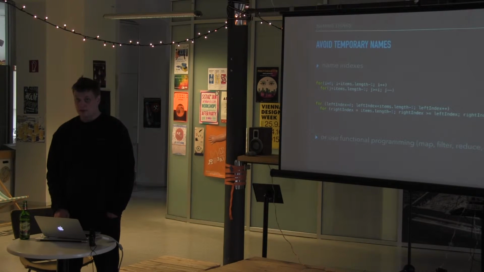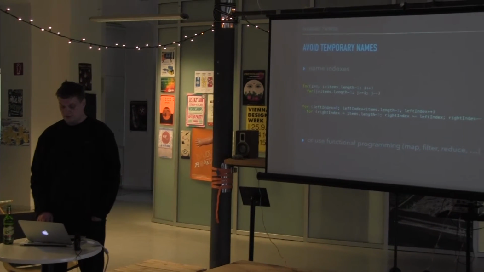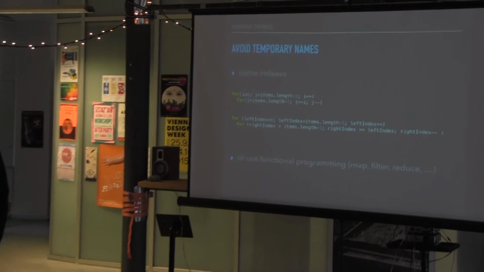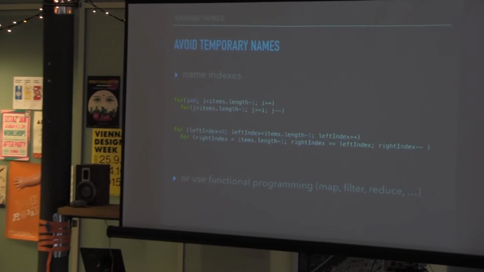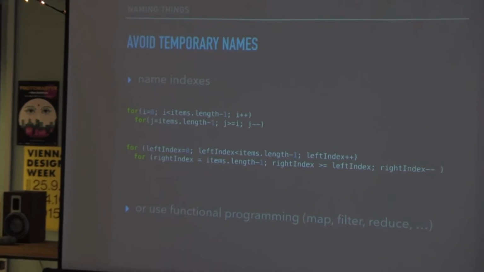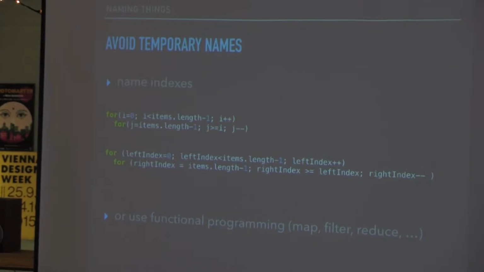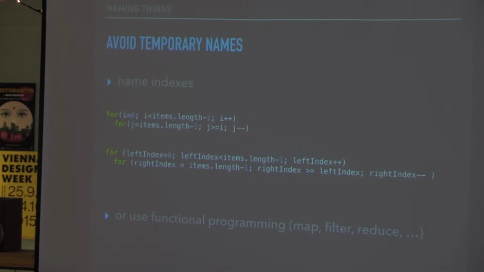One good idea is also to name your indexes. So instead of i and j, you actually name them sensibly depending on what they do. So a typical example is having a nested loop in C-like languages where you have i and j for indexes, but this doesn't really help you understanding the code because i and j look similar.